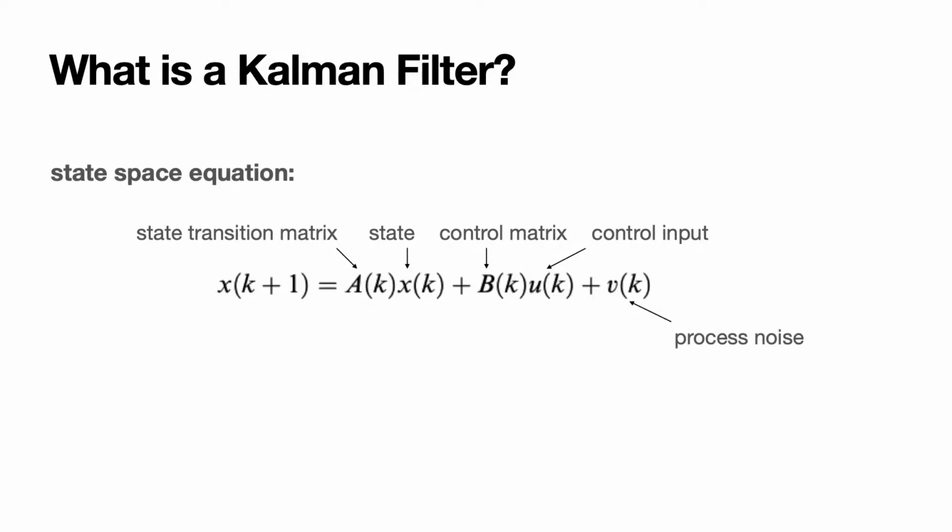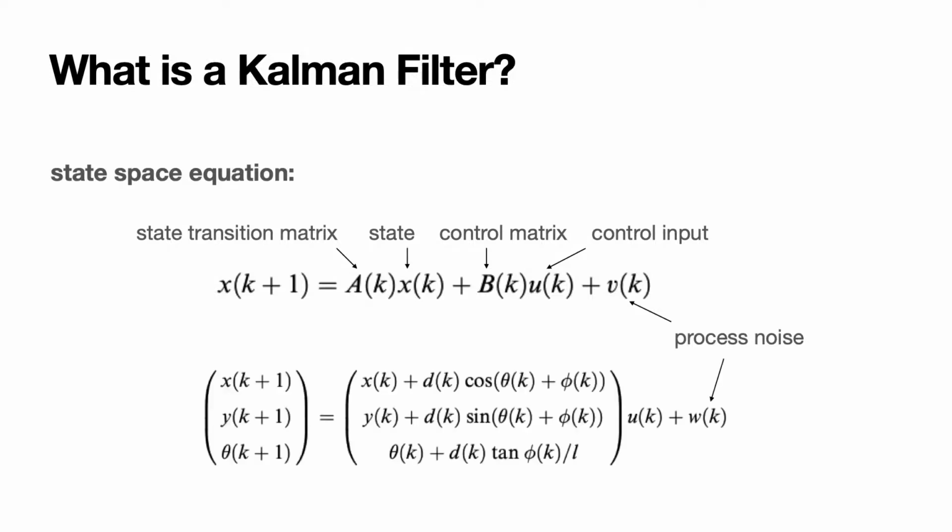In this case, x of k plus 1 equals our state transition matrix times the state, in addition to our control matrix times the control input, and also our process noise. Inputting the previous formulas, we now receive our state space equation for our position and also for our heading.